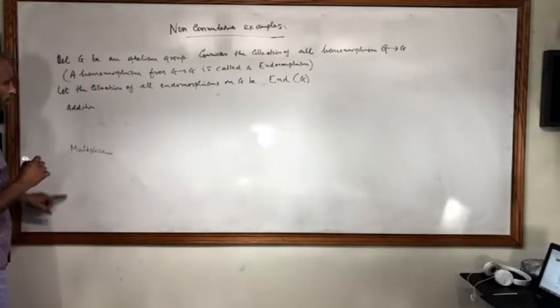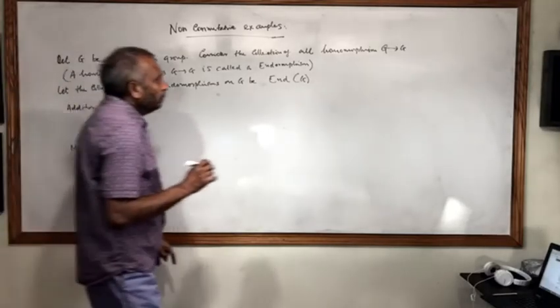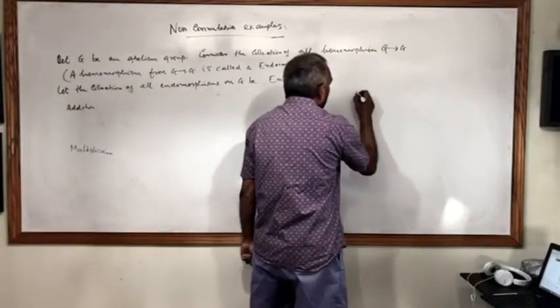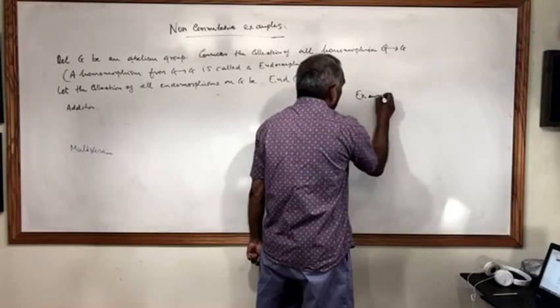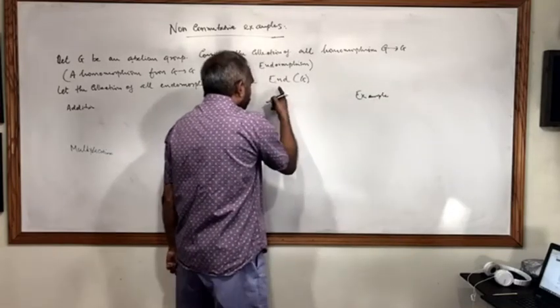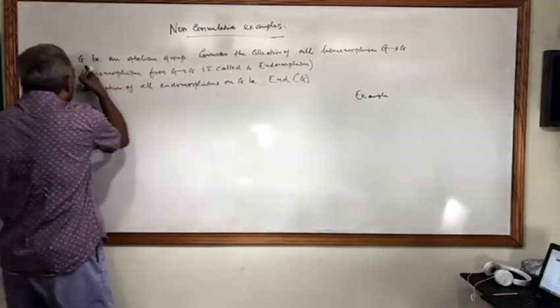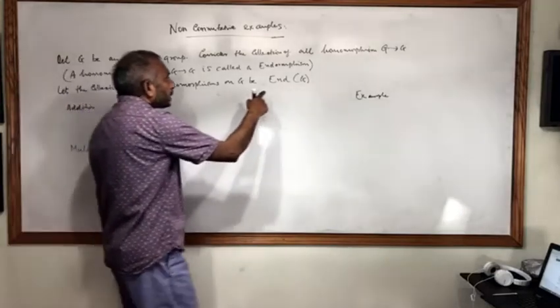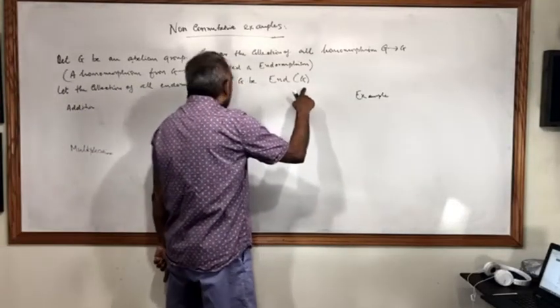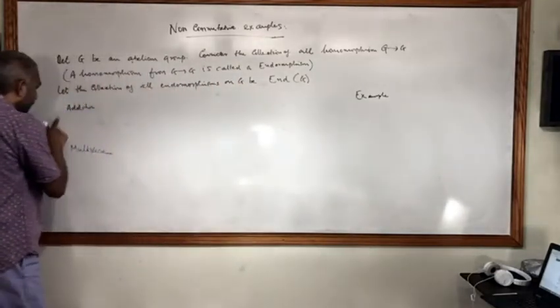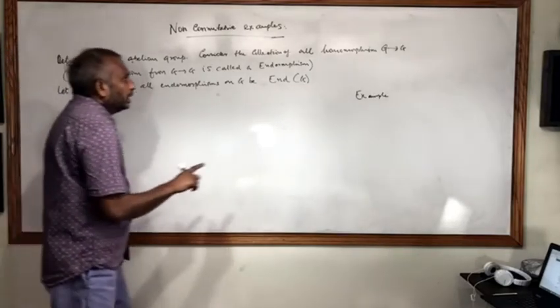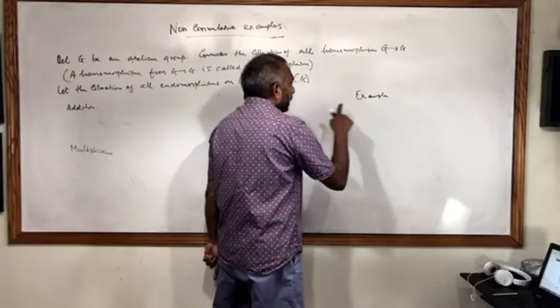Once we are done with this, we will find an example of a group G where the endomorphisms with this addition and multiplication is not commutative, and that is the first example.